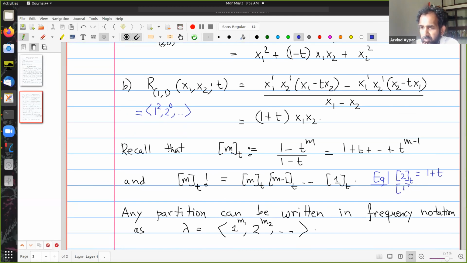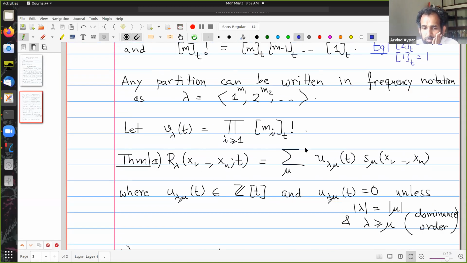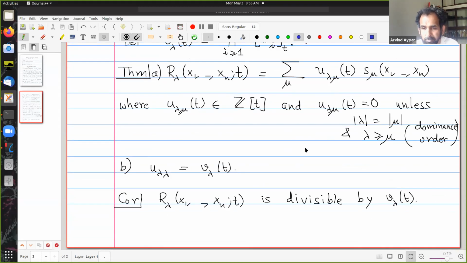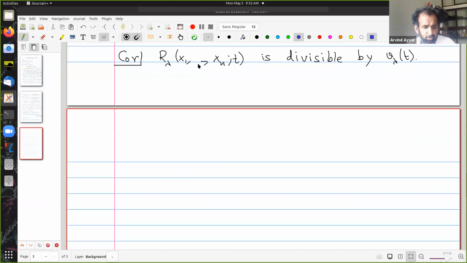And 1 of t, as I told you, is just 1. So 2 factorial of t is also 1 plus t. And so R11 of t is some prefactor which will in general be common to all monomials, times some polynomial with integer coefficients.